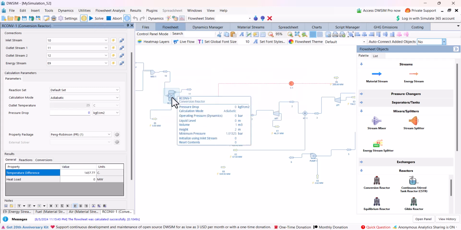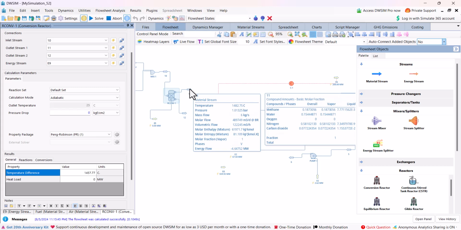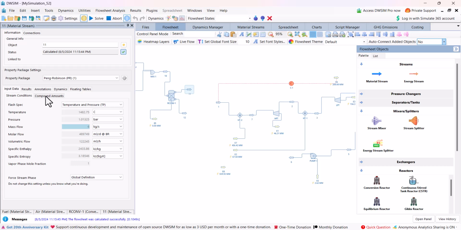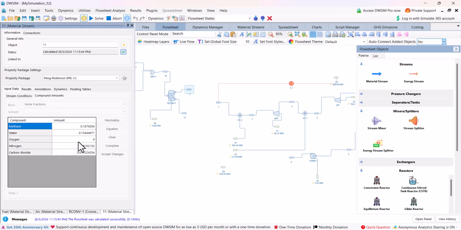So you see it is being solved, and the temperature of the outlet is 1482 degrees Celsius, and it will have zero amount of oxygen. It means we are not providing enough oxygen and all the oxygen is consumed there. Water, and 18% methane is still unreacted.